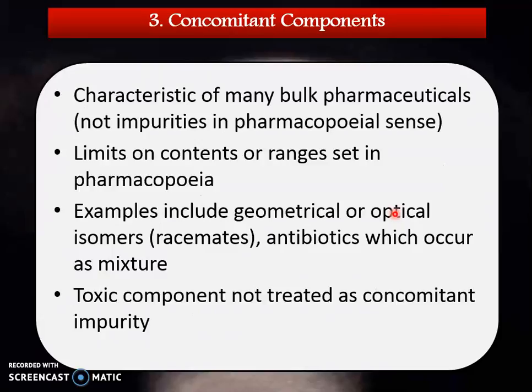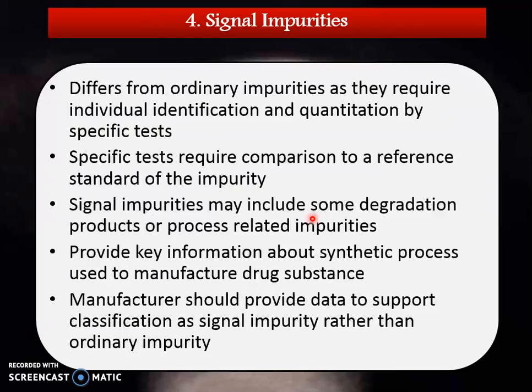Concomitant components are usually chemical compounds that are related to the geometrical or optical isomers. For example, in the solvent or the chemical, you just want an R configuration. So if there is an S configuration, the S configuration will be considered an impurity, in this case as a concomitant component.